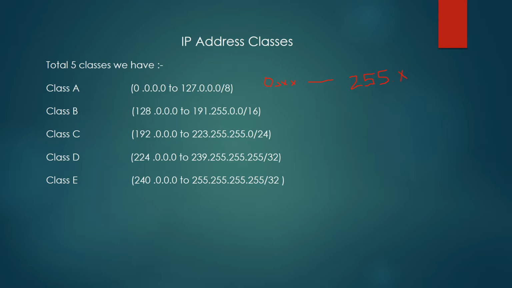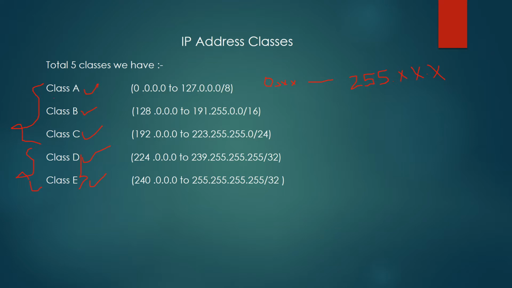This series of IP addresses, 0 to 255, we have divided into 5 classes. Out of those 5 classes, the first 3 classes are in use right now, and the other 2 classes are for research purposes and are a restricted class of IP addresses.